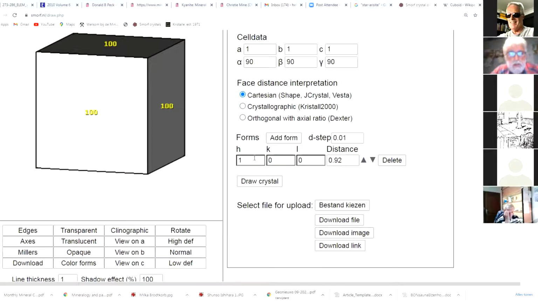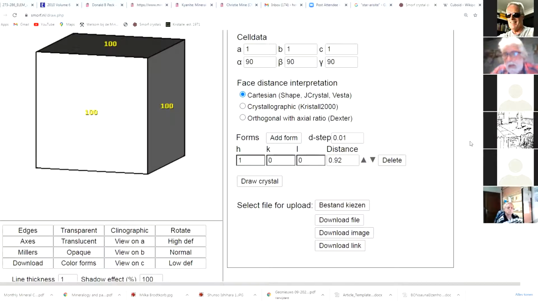It's just the 100 form. In total, it has 6 faces. So four around the C-axis, and then one on top and one at the bottom. A total of 6 faces for the cube, and all those 6 faces belong to the form 100.